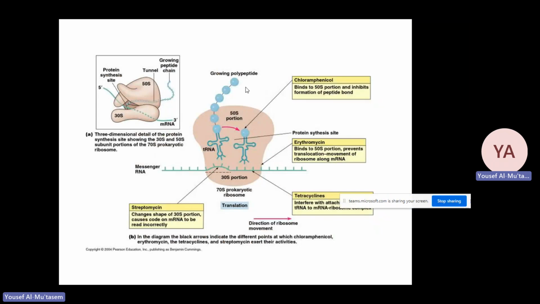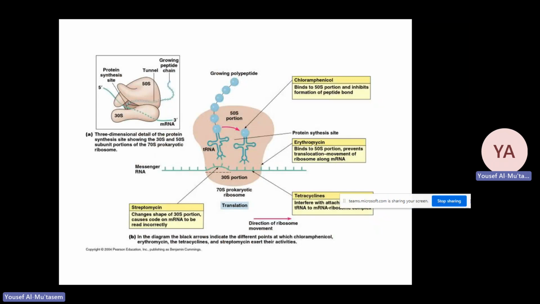Chloramphenicol binds to the 50S portion and prevents the transfer of the growing polypeptide from one tRNA to the other tRNA. Erythromycin, which is an example of the macrolide antibiotics, binds to the 50S portion of the ribosome complex and prevents the movement of the ribosome complex along the messenger RNA, and thus inhibits the translocation process.